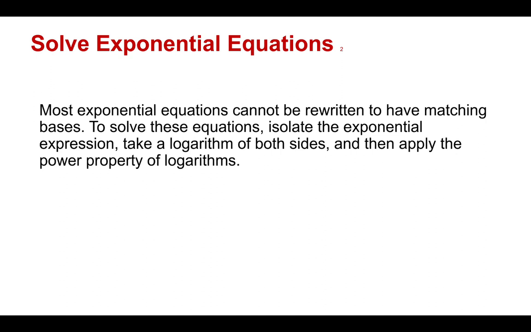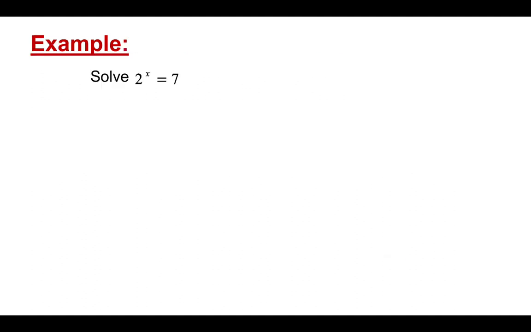To solve these, we isolate the exponential expression, and we take a logarithm of both sides, and then we apply the power property of logarithms. So let's have some practice with those. Straightforward here. This is already isolated. I don't have to do anything, so that's a win.